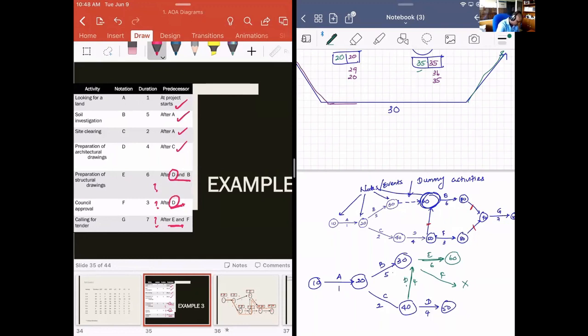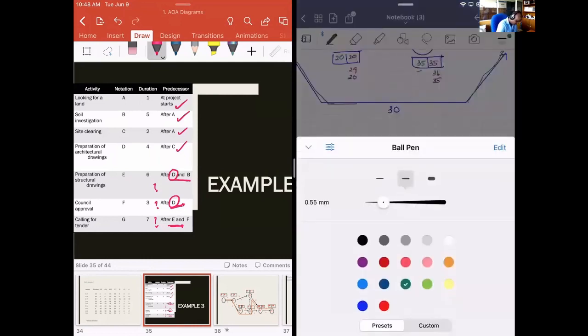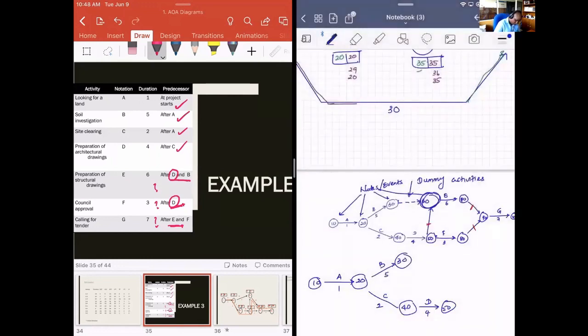So there should be one node where only D finishes. It should be like this. And there should be one node where both D and B finish. So we can draw it like this if you want. There's one node where D finishes. There's one node where both D and B finish.